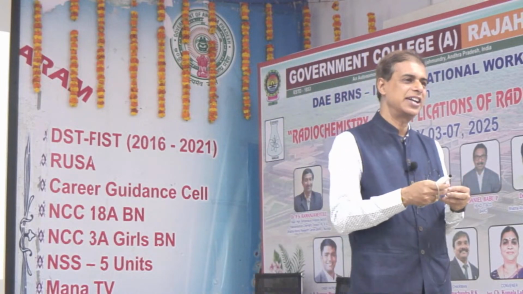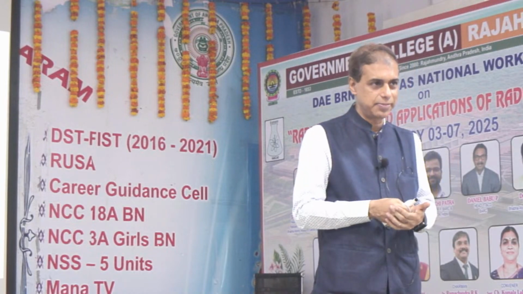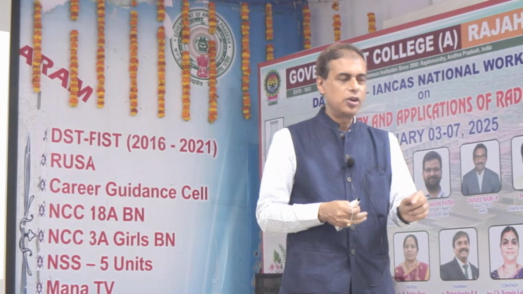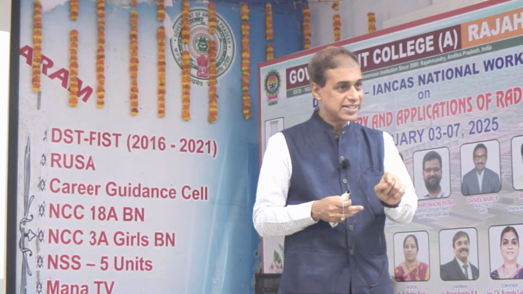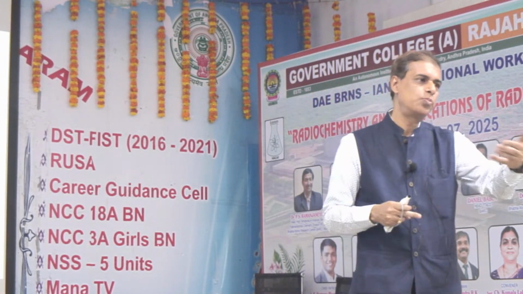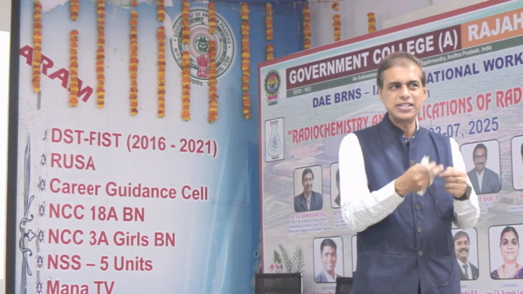It's not that anything and everything we can radiolabel and put in the patient. We first need to check their stability, and the stability is not only checked in the laboratory. We check in phosphate buffered saline first, then in human blood serum also, because many times your preparation is stable in the laboratory, but once you put it in blood serum, it is not stable, because blood is a very complex matrix.